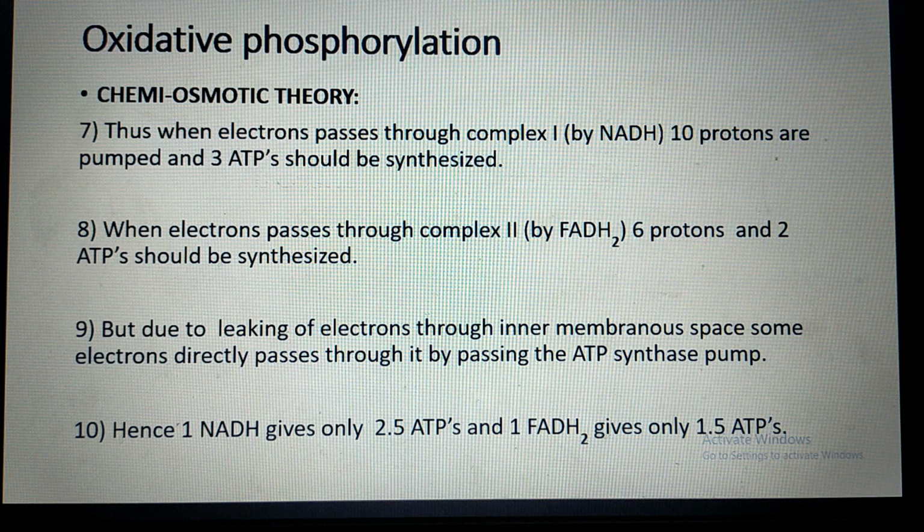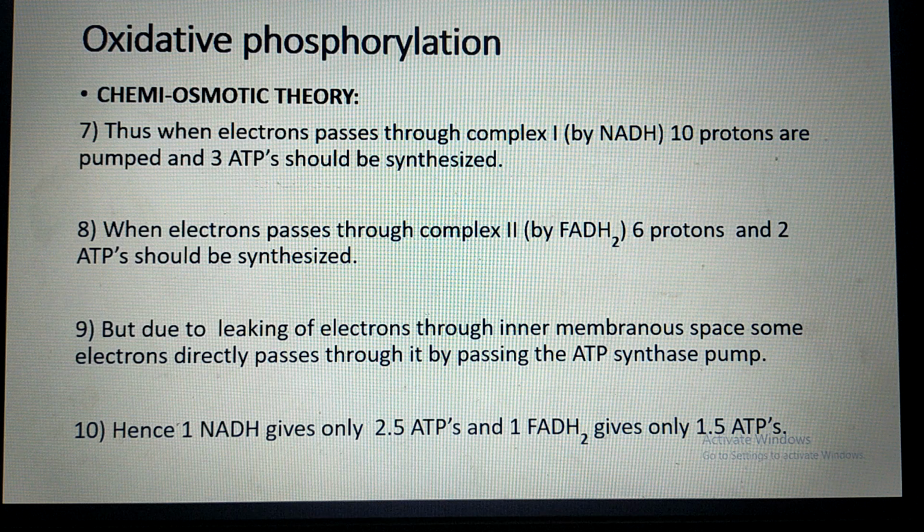For 3 protons, 1 ATP is synthesized. When electrons pass through complex 2, 6 protons are pumped out and 2 ATPs should be synthesized, right? So 1 NADH should give 3 ATPs and 1 FADH2 gives 2 ATPs.